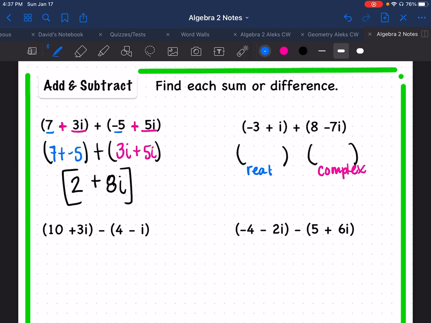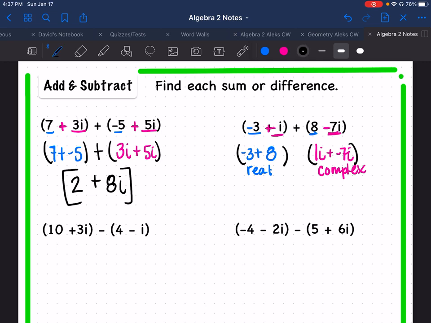All right. So I have -3, and then I have +8 for my real part, and then I have 1i. Notice what I did there, right? 1i plus -7i.